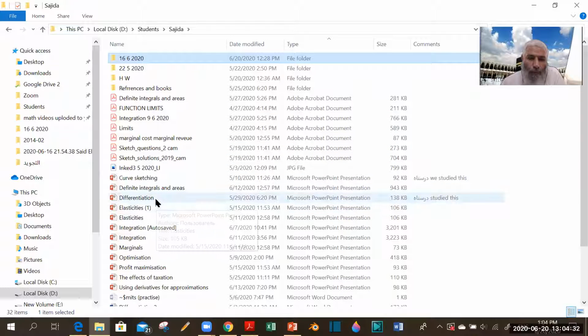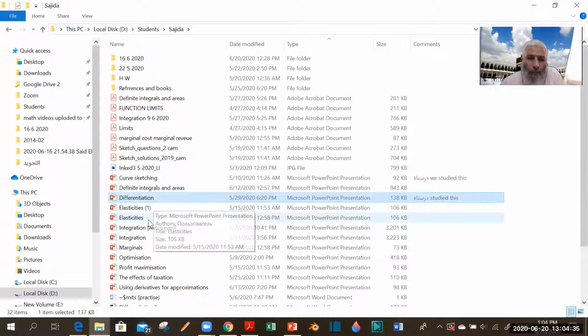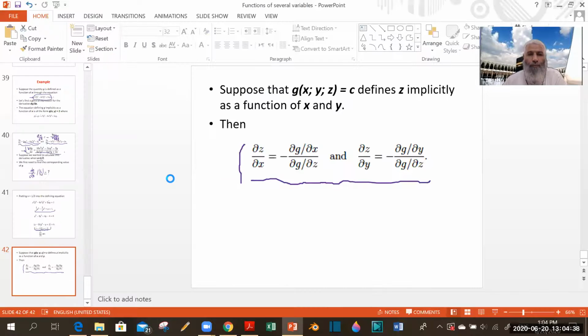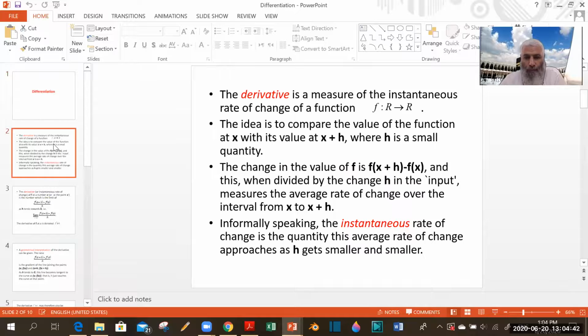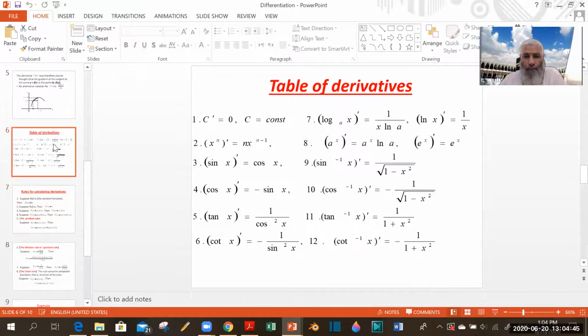Curve differentiation. x power negative 2.